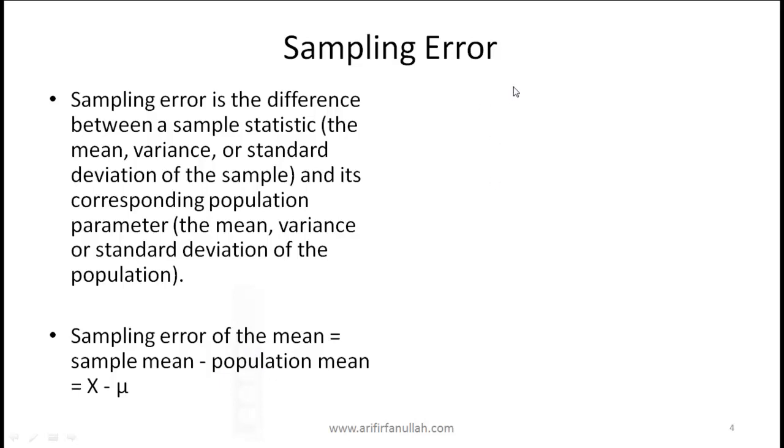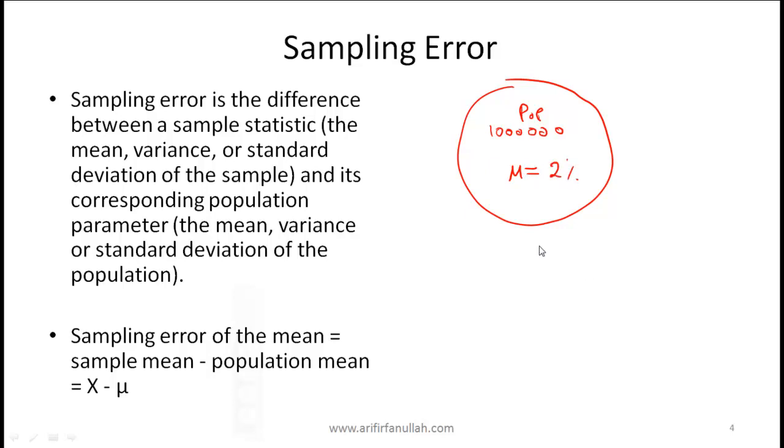So going back to the example we were just talking about, let's say this is your population, and as we said earlier, we have 1 million shares in our population. Let's say that if there was a way of finding the mean return for these million shares, the mean return was 2%.